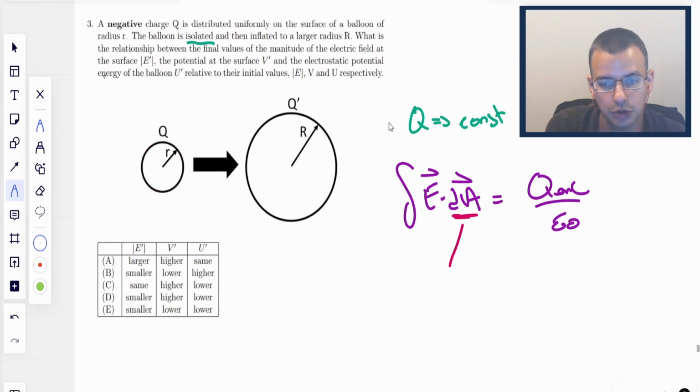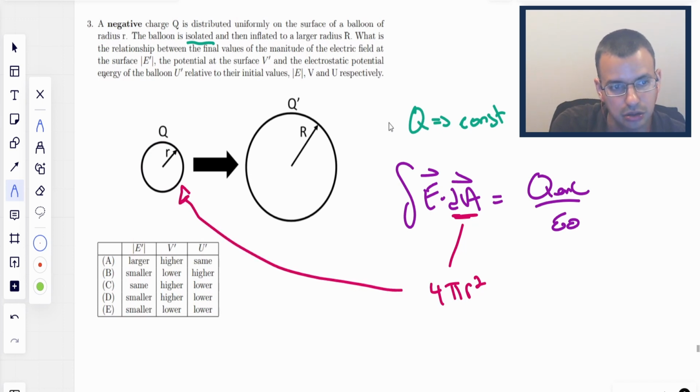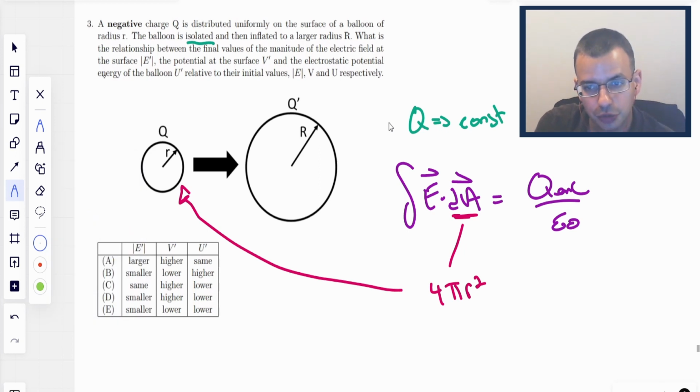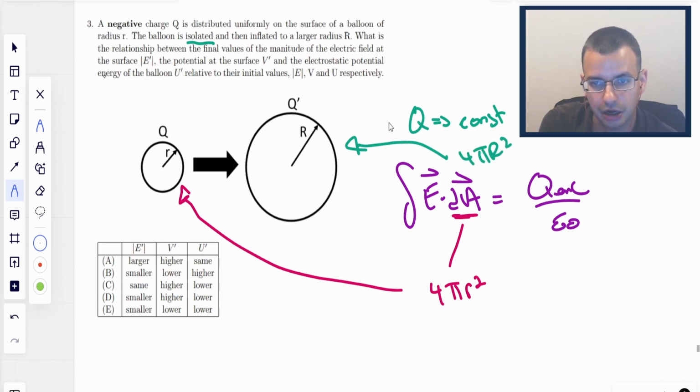So this would be 4 pi r squared for the initial balloon, the deflated balloon, less inflated. But when we look at the big one, we're going to use a bigger Gaussian surface, so 4 pi big R squared.